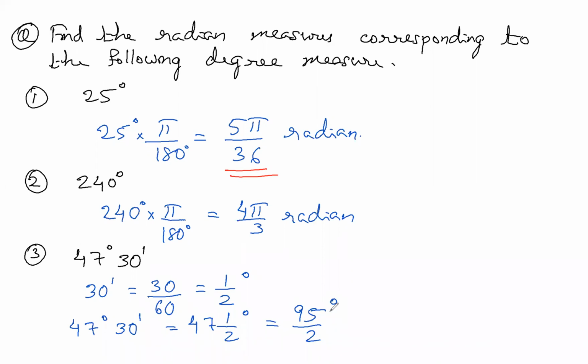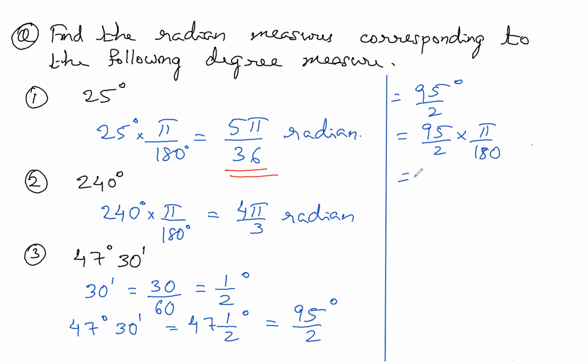Now you will convert this into radian measure. 95 by 2 degrees is equal to 95 by 2 into pi by 180.